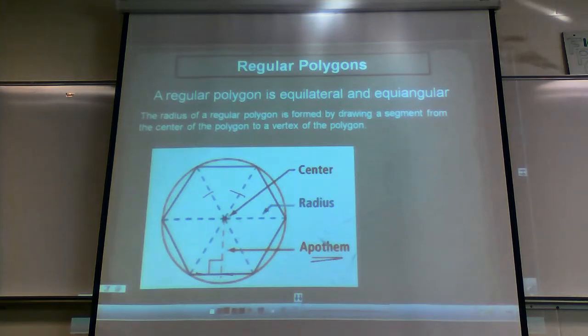This measurement will get used in the formula for the area of a regular polygon. That's one of the measurements you have to know. If you look, the apothem creates 2 right triangles inside each little isosceles triangle.